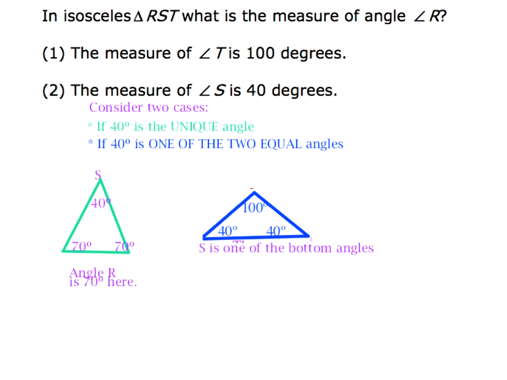In this case, angle R could be 100 or 40, but the point is that it's not 70. So we definitely have two different possibilities. If this could happen, and this could also happen, so not sufficient.